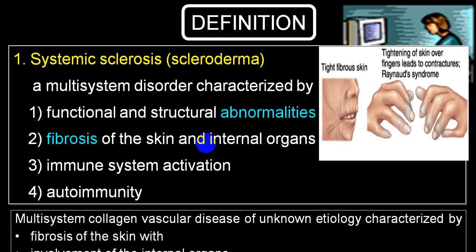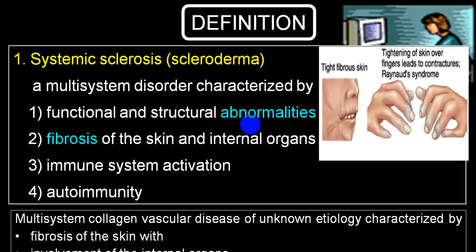By definition, it is a multi-system disorder characterized by functional and structural abnormalities leading to fibrosis of skin and internal organs. It is immune system activated, and basically it is one of the varieties of autoimmune disorder.